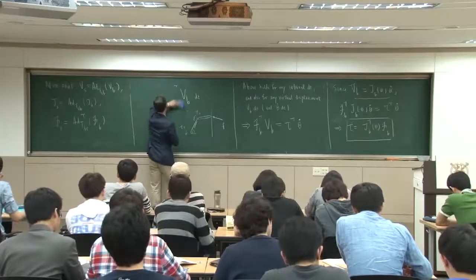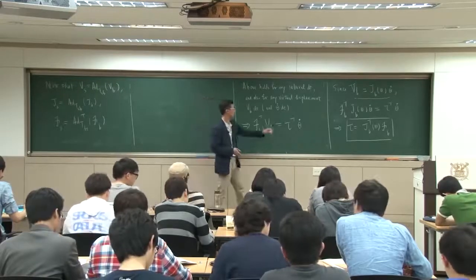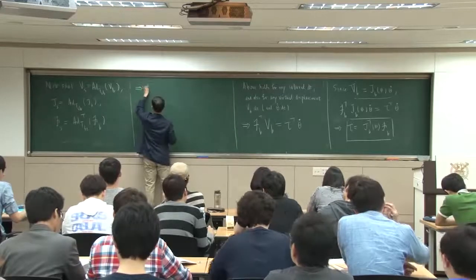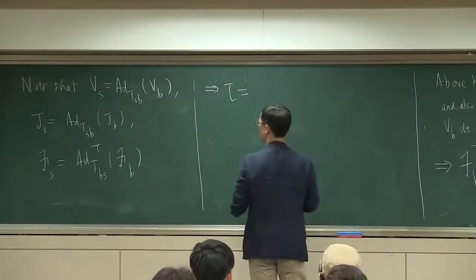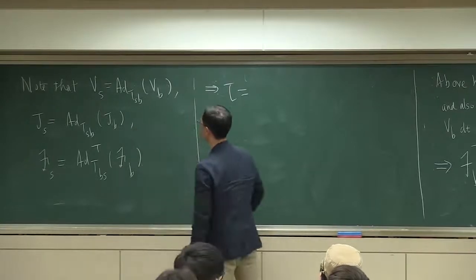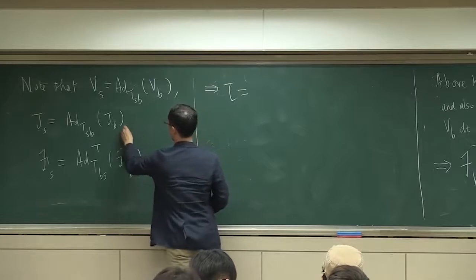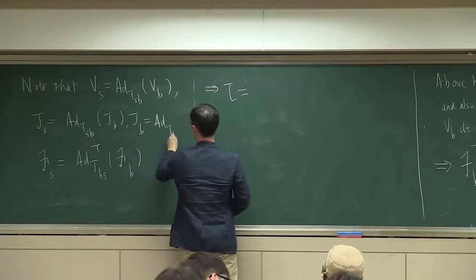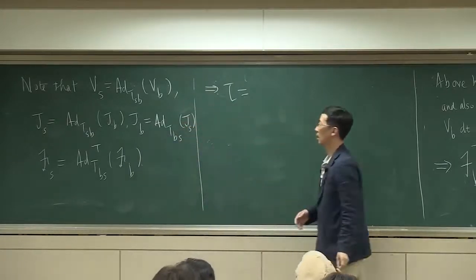And we can now rewrite that bottom equation in the following way. So tau is equal to J_B transpose, which is, well, I probably should have written it the other way. Let's write it. J_B is Ad_TBS J_S.